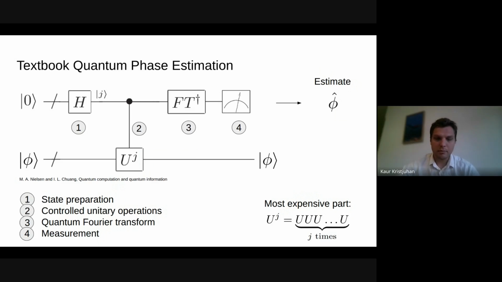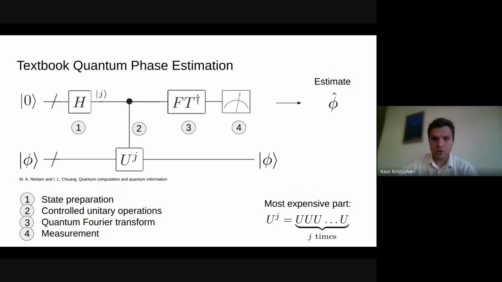So as you can imagine, if we want a more and more precise answer, then we're going to have to make this control register larger and larger, which is going to increase the possible value of this index J. And if this index J gets very large, then doing this operation U to the power of J becomes very expensive. So that's where the expense comes from.